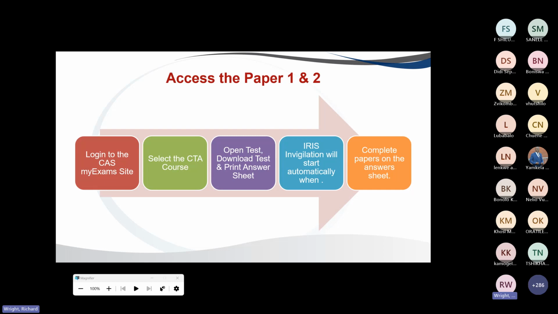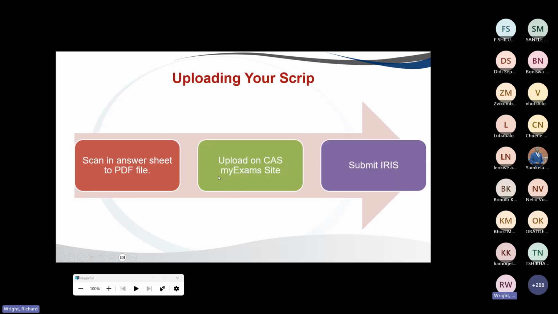You start the reading process so that at 9 you can start writing. Once you're done, you submit on the My Exams CAS portal, and then you start the submission on the IRIS app. So just make note, these are more or less the steps that you will be following.